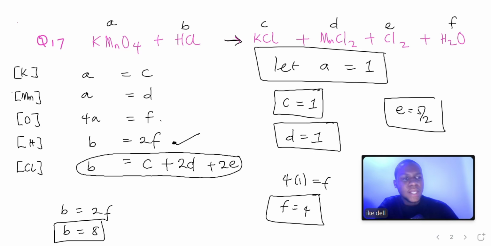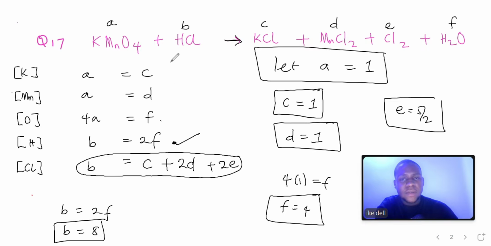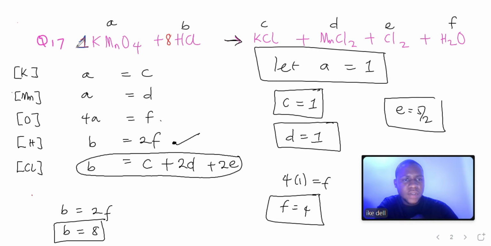And then we would replace these things now. We're going to replace the coefficients since I've gotten everything. Replacing our coefficients now. A is 1. B is, what's B? 8. C is, well, let me use a blue ink for this. So A is 1, B is 8, C is 1, D is 1, E is 5 over 2, and then F is 4. So this should balance it. It's just that if you want to eliminate the 2, you multiply through by 2, right?